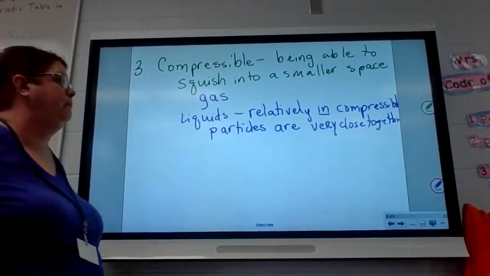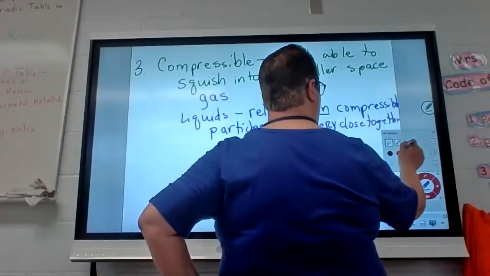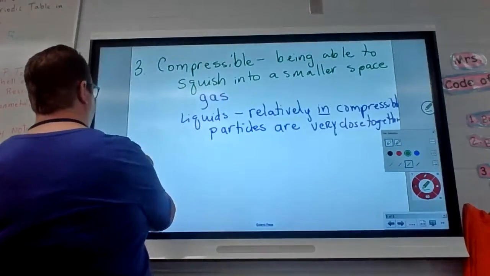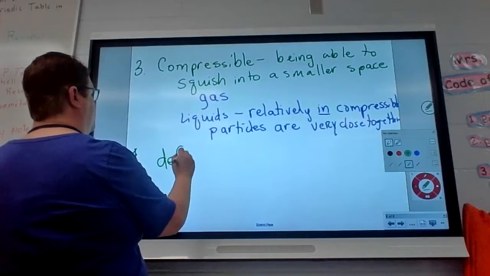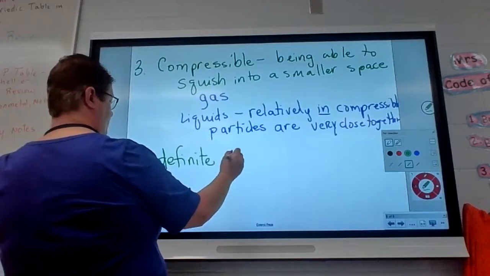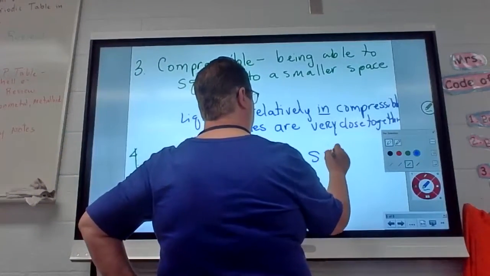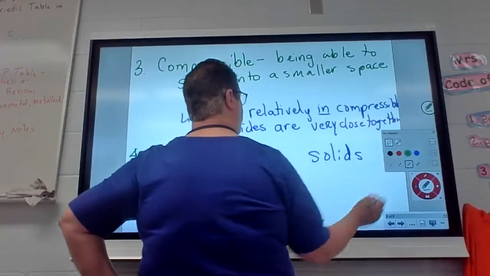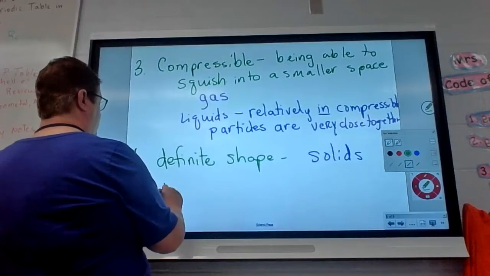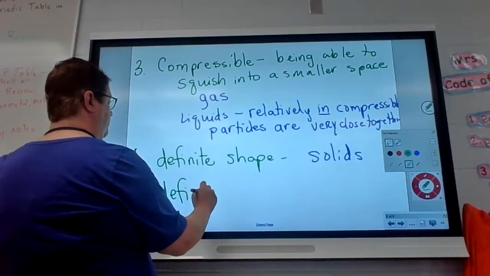Who has definite shape? This is the one for middle school. We should know this one. Solid. Here's another one you should know from middle school. What is definite volume?